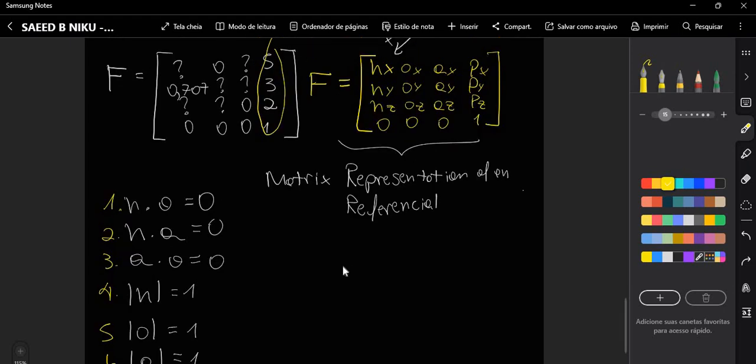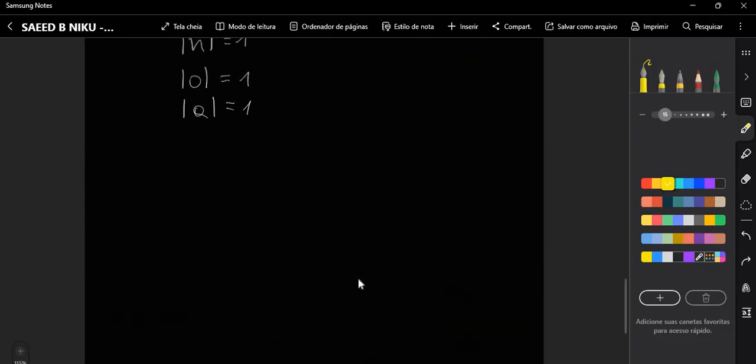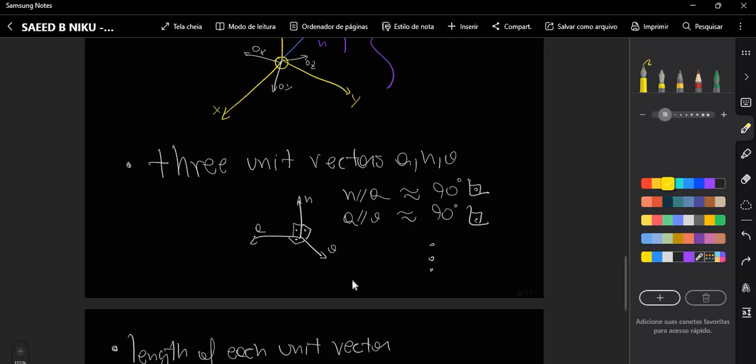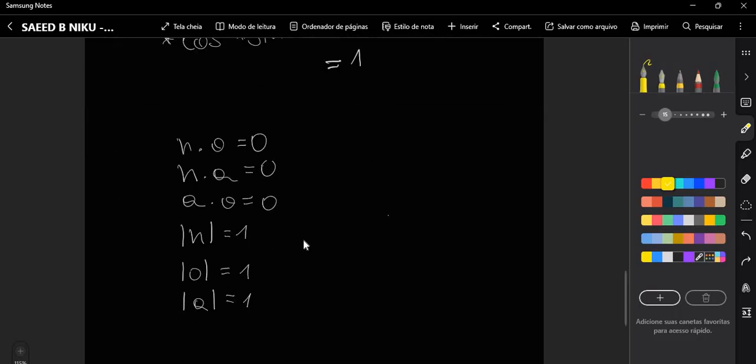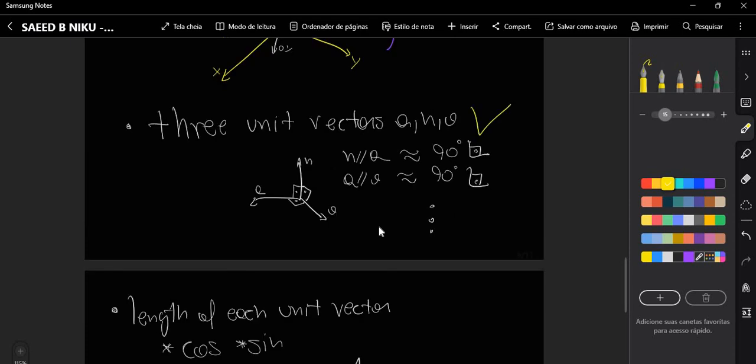And to solve this example, we need to go back, and if you followed the last video, we saw that in order to write these equations of restriction, we need to consider this sentence about the referential and the axes, knowing the referential system that we are using and the axes that we are working on.